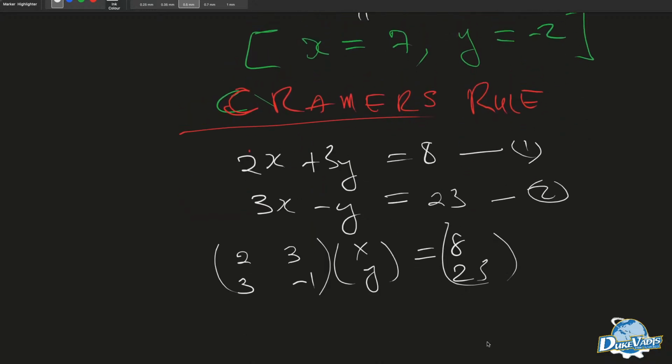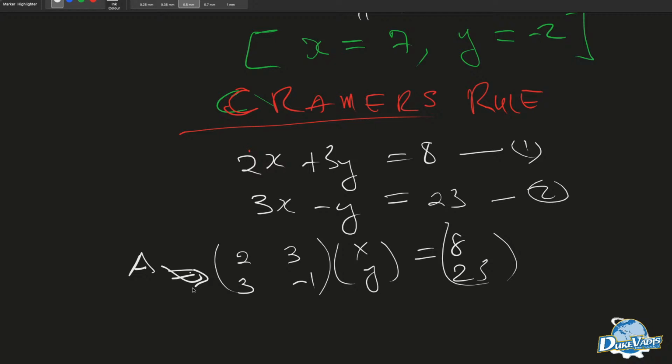Now we're going to look at it. If we say this matrix is A, then our determinant, as we saw earlier, we multiply the left diagonal and subtract the right diagonal.